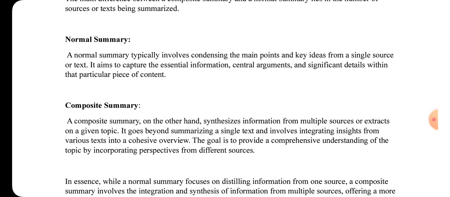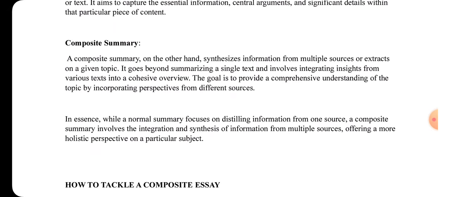It aims to capture the essential information or central argument and significant details within that particular piece of content.